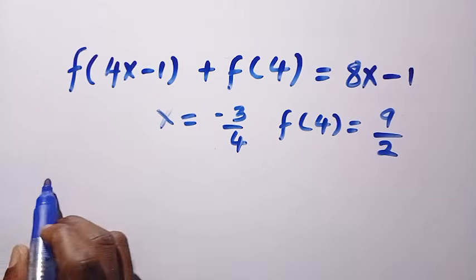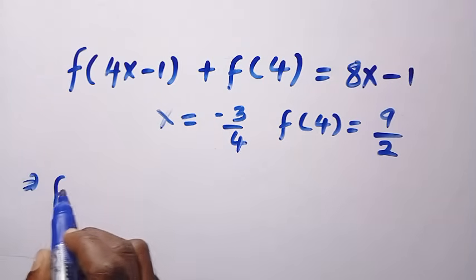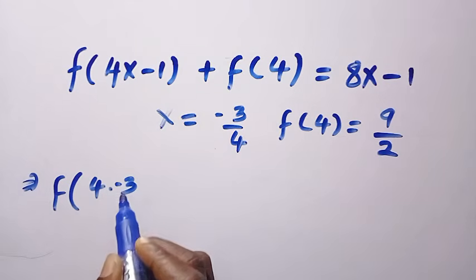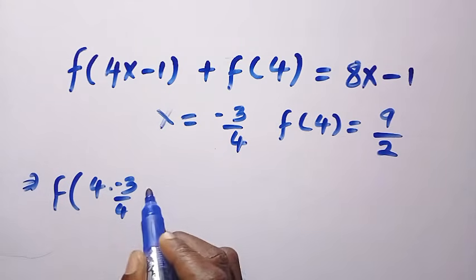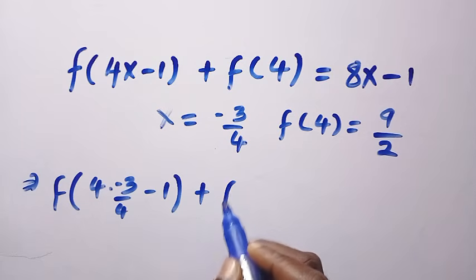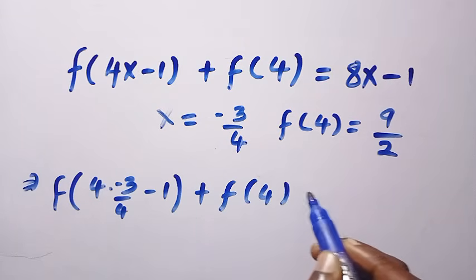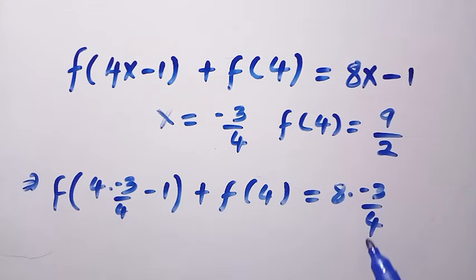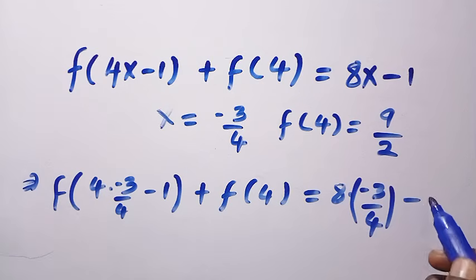We substitute again, and we have f of 4 multiplied by minus 3 divided by 4, then minus 1, plus f of 4 equals 8 multiplied by minus 3 divided by 4, then minus 1.